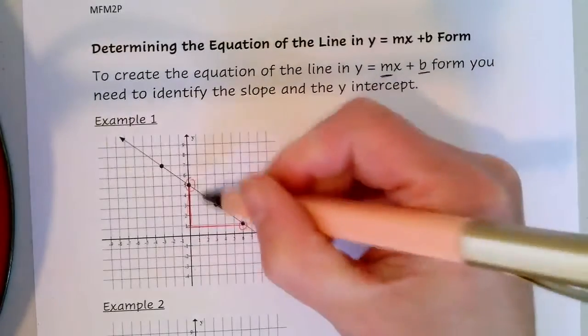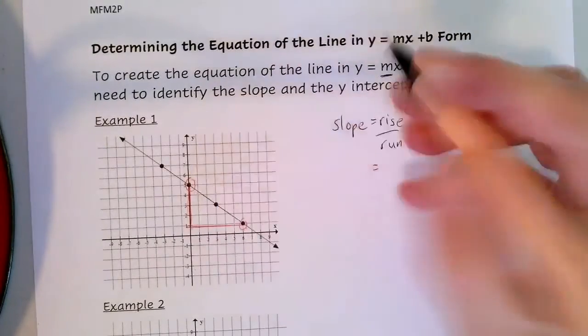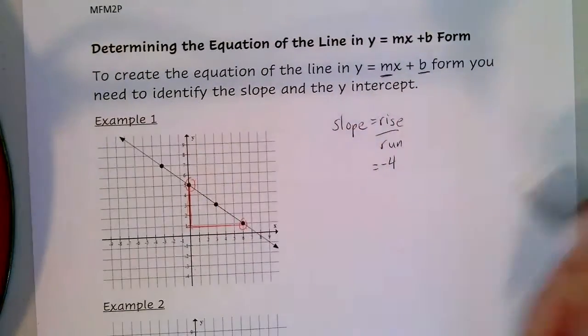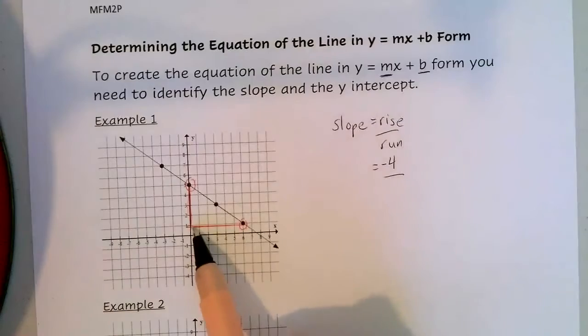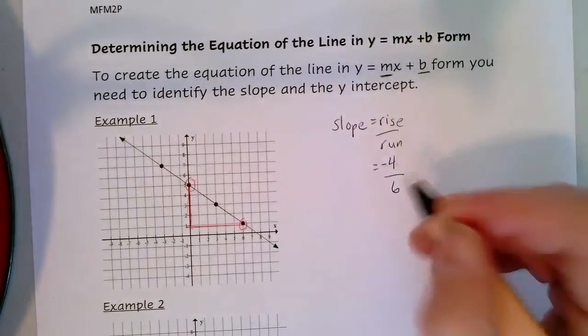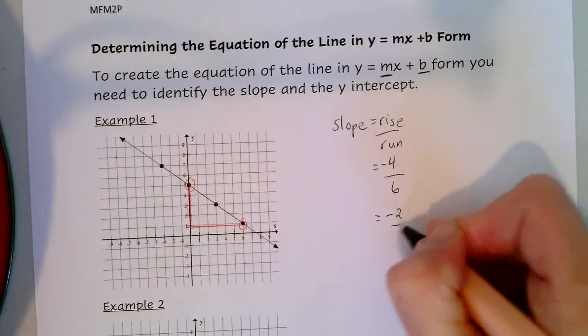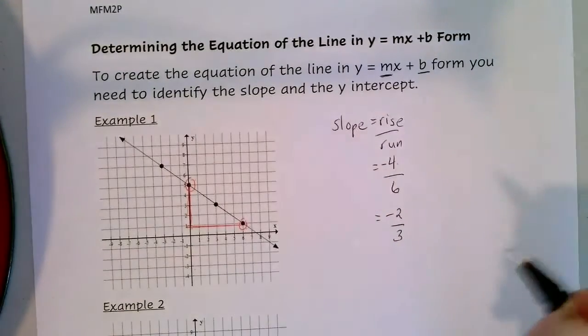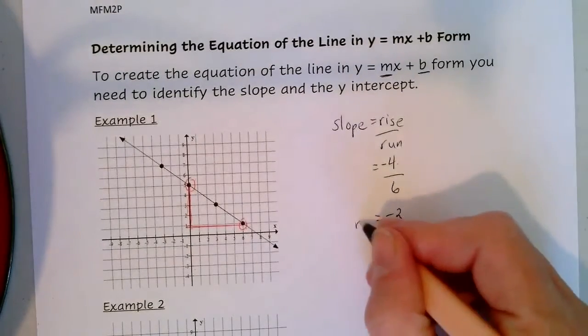In my case, I went down from a 5 to a 1. I went down 4 squares, and then I count forward 6. So my slope is negative 4 over 6, but we always want to present our slope in lowest terms. Both 4 and 6 are even, so we're going to reduce this to negative 2/3. This is going to be our m value.